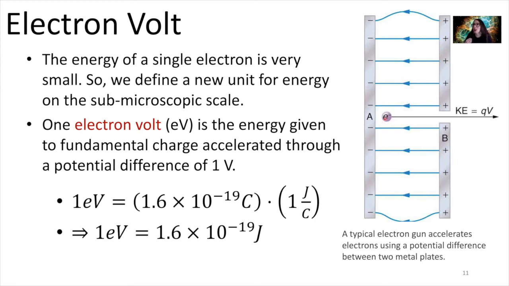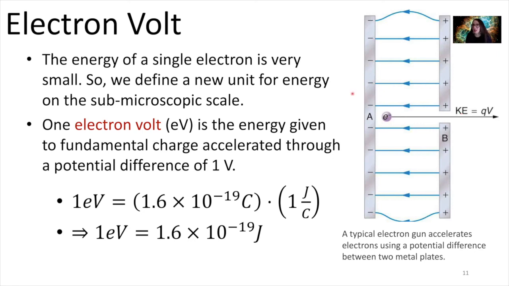We place our electron inside this electric field. This electron is going to want to move to the right inside this field, and we have a kinetic energy associated with moving this electron through 1 volt of a potential difference.